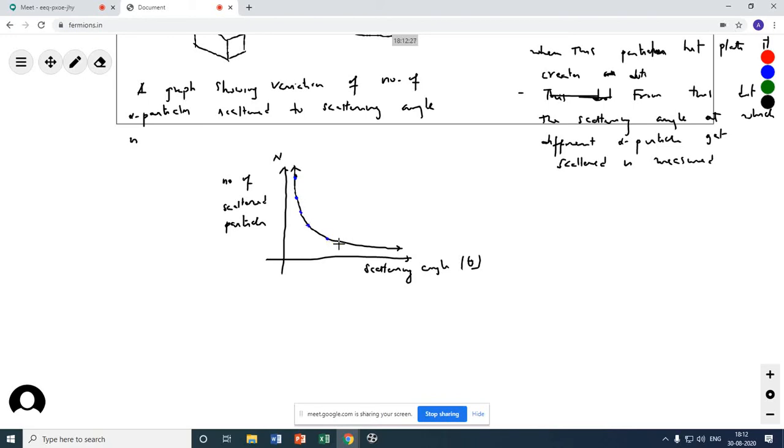From the graph it is clear that at lower scattering angle, the number of scattered particles is more.